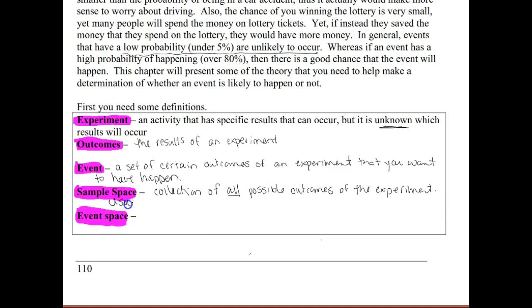And it's usually denoted with an uppercase S, and then we use set symbols, and in here we list the outcomes. All the possible outcomes. And then the event space is the set of outcomes that make up an event.